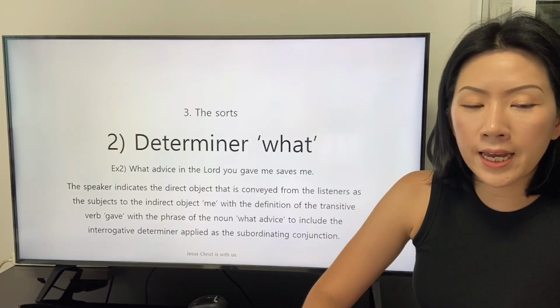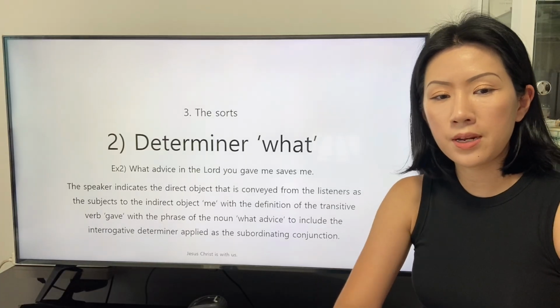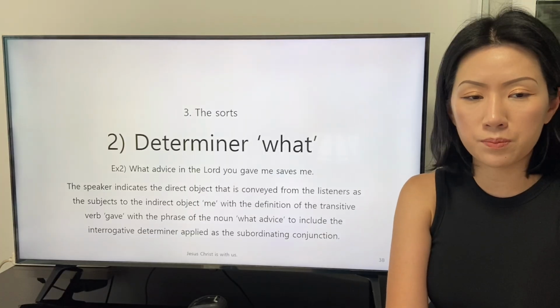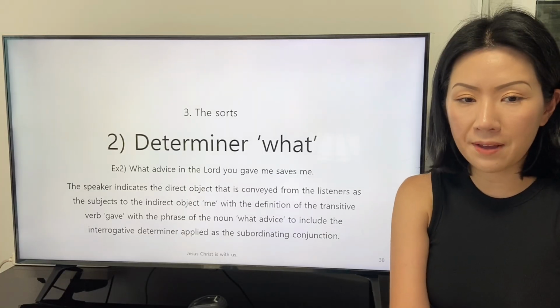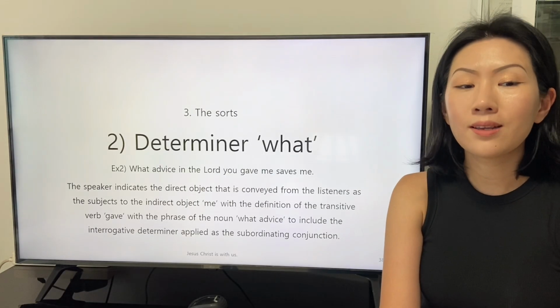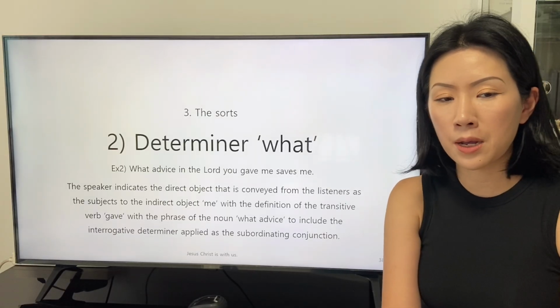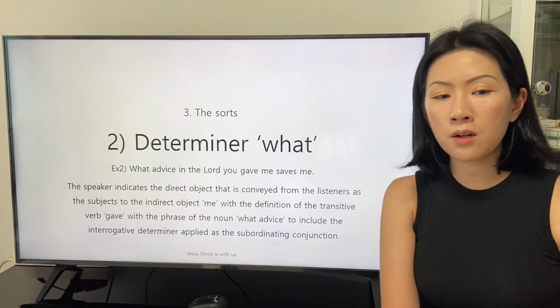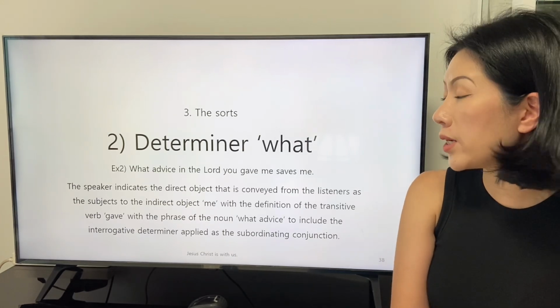The speaker indicates the direct object that is conveyed from the listeners as the subject to the indirect object me with the definition of the transitive verb gave, with the phrase of the noun what advice to include the interrogative determiner applied as the subordinating conjunction.